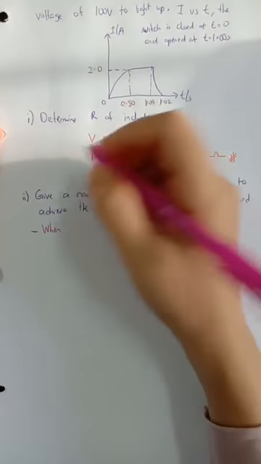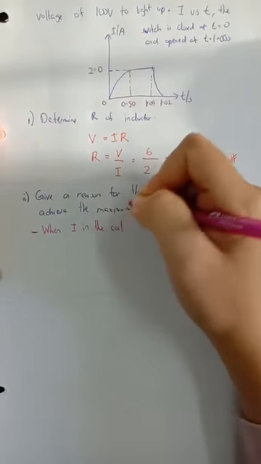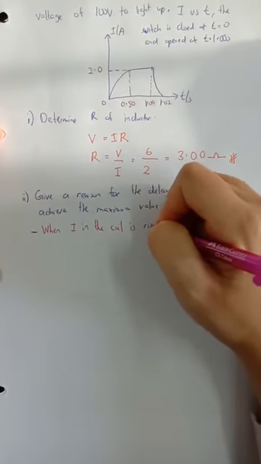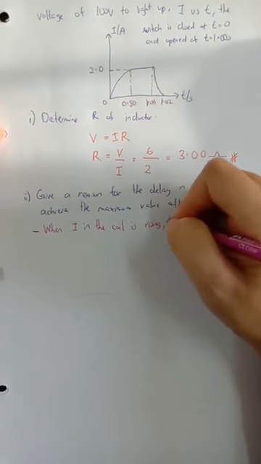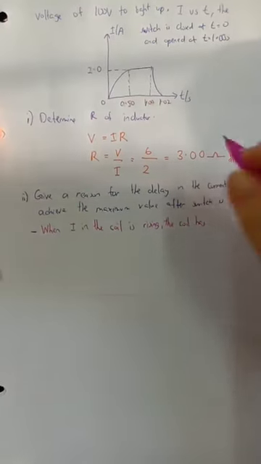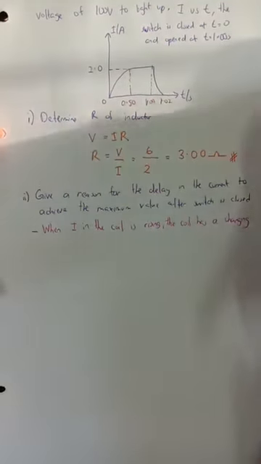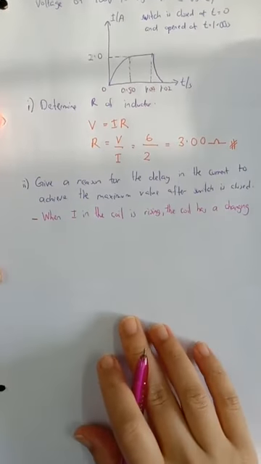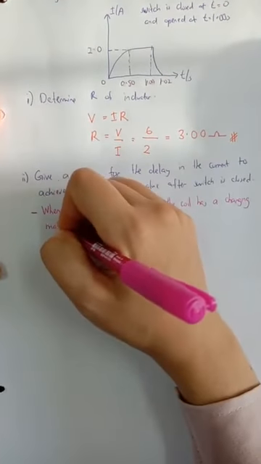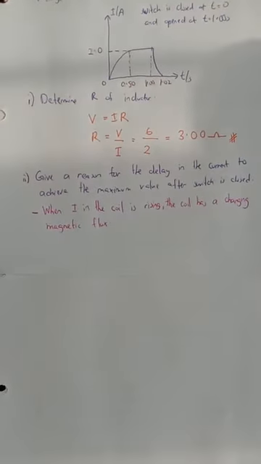When current in the coil is rising, the coil has a changing magnetic flux.